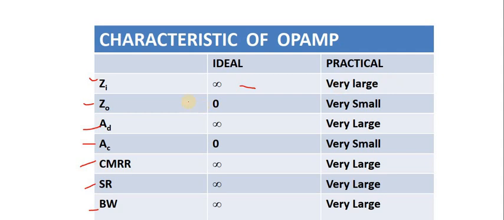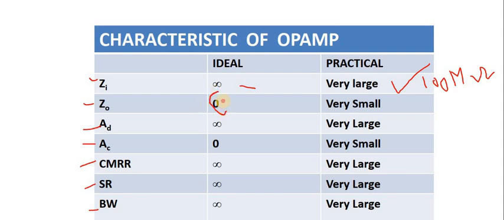So in the practical case, input impedance should be very large, maybe in hundreds or thousands of mega ohms. While designing your circuit, you have to choose parameters in such a way that you can get maximum input impedance.